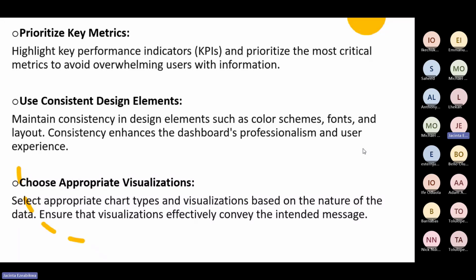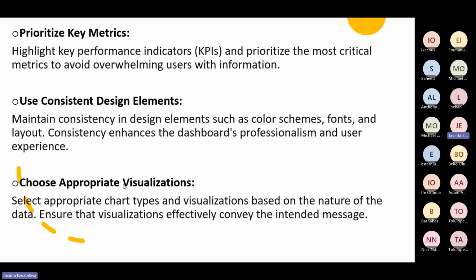If you cannot break down the information that you're seeing on that chart, it's very possible that the next person will not be able to understand it either. So you should select the appropriate chart type and visualization based on the nature of the data. Ensure that the visualization effectively conveys the intended message.